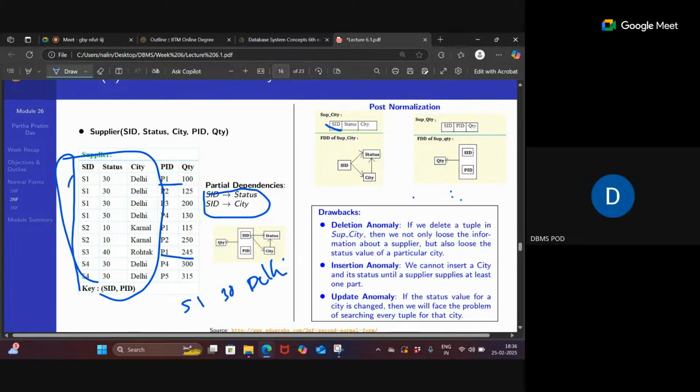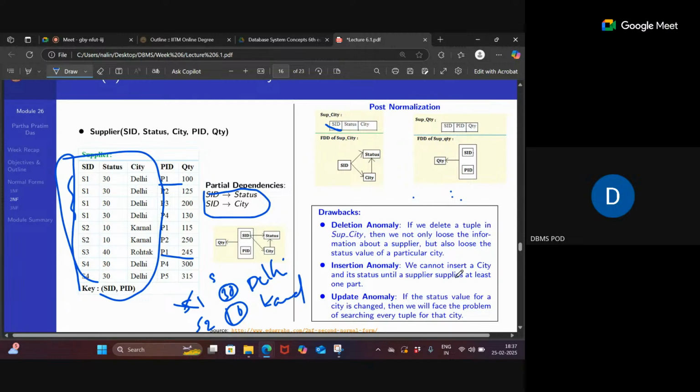We do not need to maintain multiple records for S1. For Delhi the status is 30, for Kernel the status is 10. That kind of information we will lose if we delete any record.